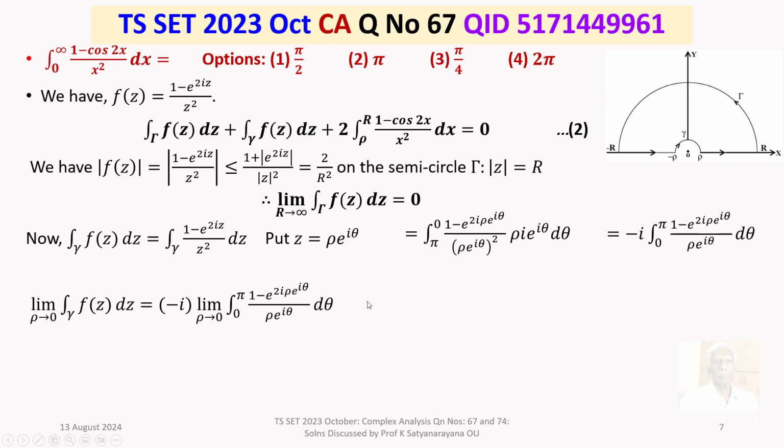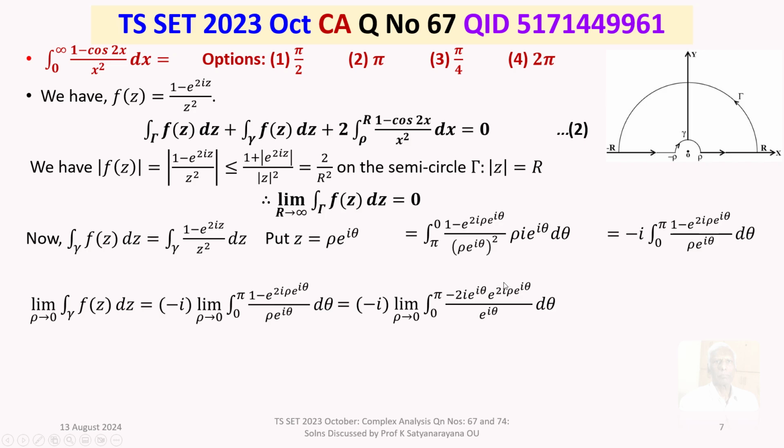So that will be minus i into limit rho tends to 0 integral 0 to pi of the derivative, the differential of this with respect to rho. So minus e to the power of 2i rho e to the power of i theta into 2i e to the power of i theta, divided by the derivative of rho e to the power of i theta with respect to rho, which is e to the power of i theta.